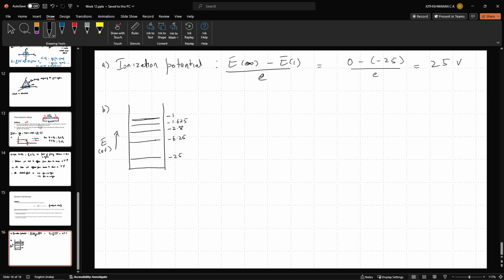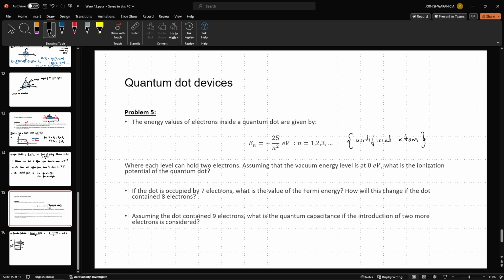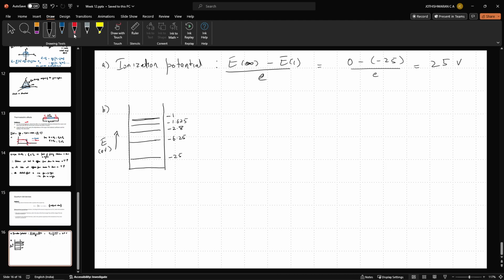So what has been told is, initially the system is occupied by 7 electrons. So initially we have an electron here, 2 electrons here, 2 over here, 2 over here, and 1 over here.